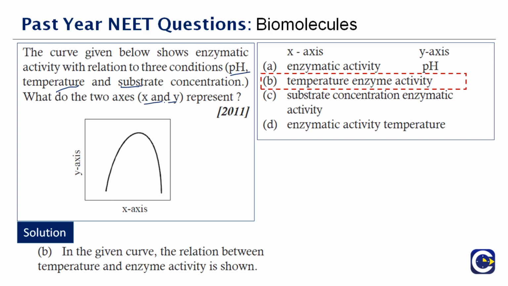And here they are looking for the relation between the substrate and the temperature. pH is where they have already carried out the graph for whatever process, or it can be any project, or it can be any material, any experiment that they have carried out. Now they have to check the relationship. We are not going to check the relationship with pH, but we have to check the relationship between temperature and substrate. Therefore, the correct answer is option B.